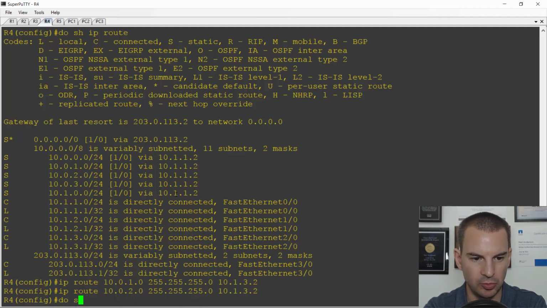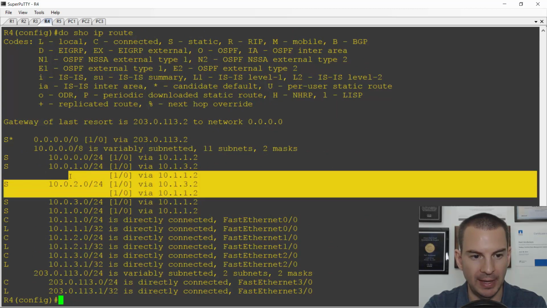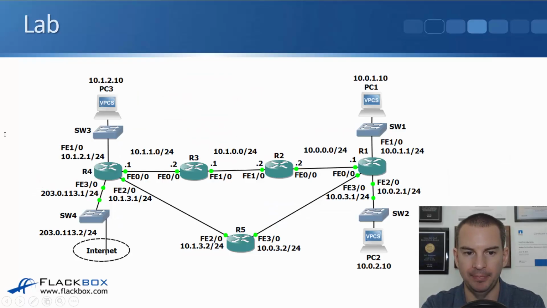And if I do a do show IP route now, I'll see that I'm load balancing on those 10.0.1 and 10.0.2 networks. So if we go back to the topology diagram, traffic going out to the internet from PC1 and PC2 should be load balanced over the top and the bottom path.